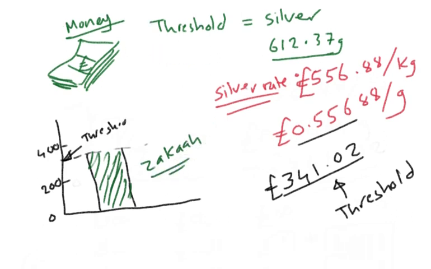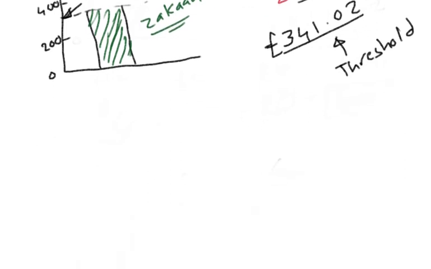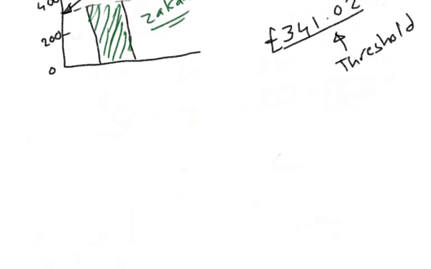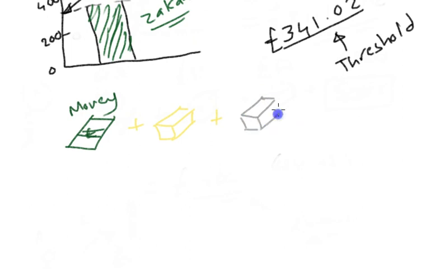Now another issue is left, which is what most of us face. Let's say a person has different types of wealth. A person has money, some gold at home, some silver too, and some goods, a shopkeeper or someone who has a business and has goods for sale.